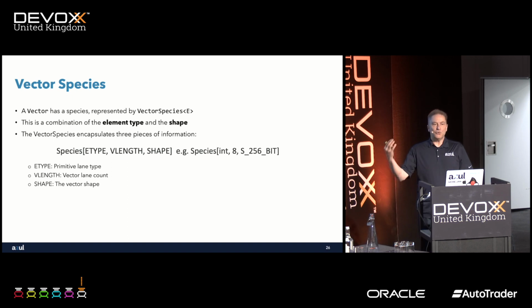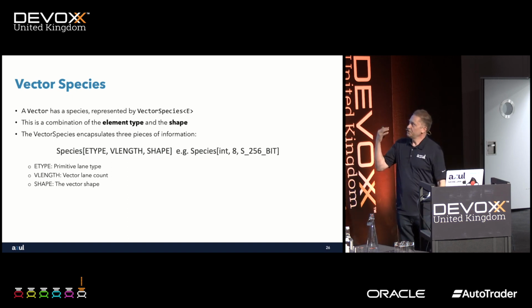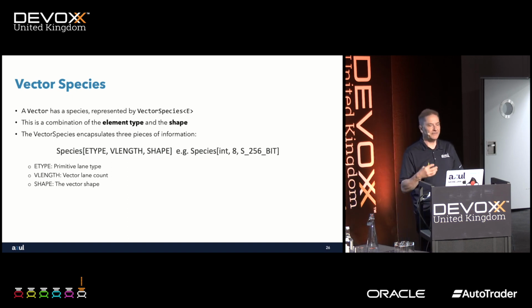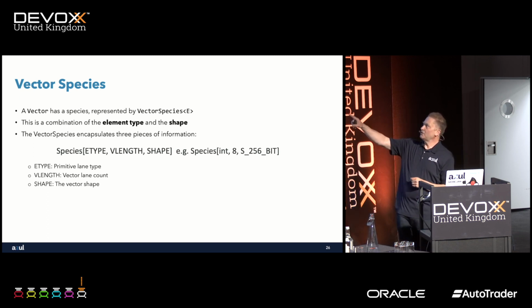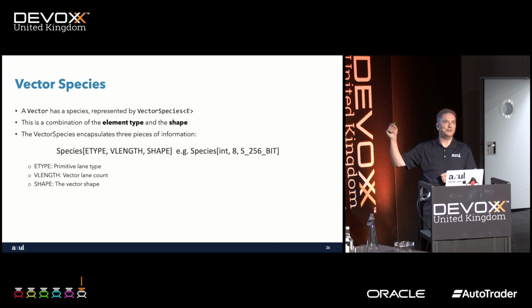What that then leads to is another class, which is a vector species. And a vector species is really sort of like the summary of what we're dealing with in terms of our vector. Vector species as a class is again generic, so it has a type parameter associated with it. And what you get is a combination of the element type and the shape. And so if you print out a species, you'll get three values.